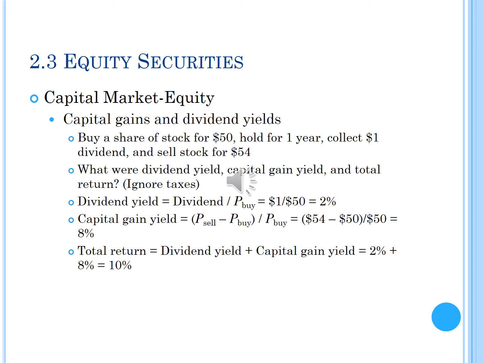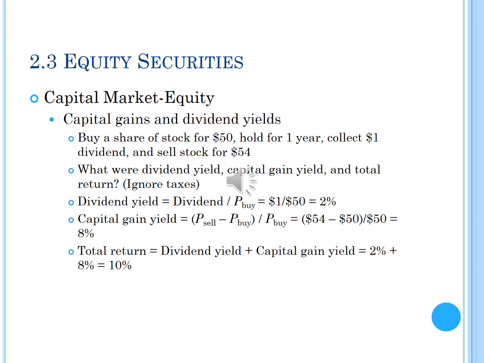Okay, so in this case that would be 54 minus 50, all divided by 50, which will give us 8% capital gain yield. Now notice, capital gains as a dollar amount was $4, but the capital gain yield, which should be represented with a rate of return, in this case is 8%.